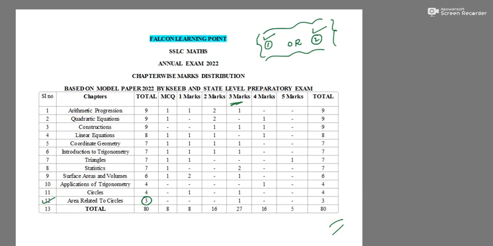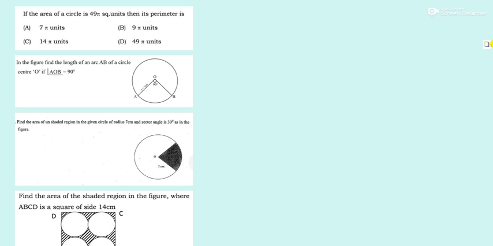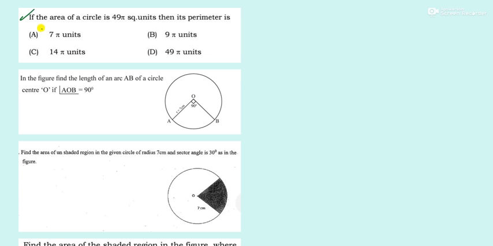Okay, so let us start one by one. So here is the first question. If the area of a circle is 49 pi square units, then its perimeter is dash. See, the area of a circle, what is the formula? It is pi r square. And perimeter, which is also called circumference, what is the formula? 2 pi r.